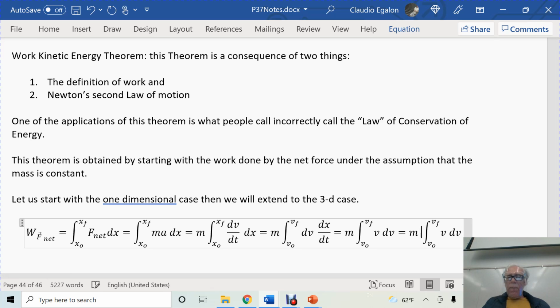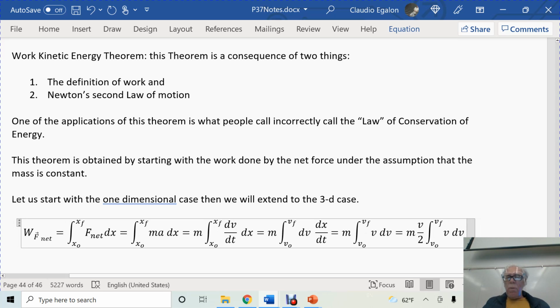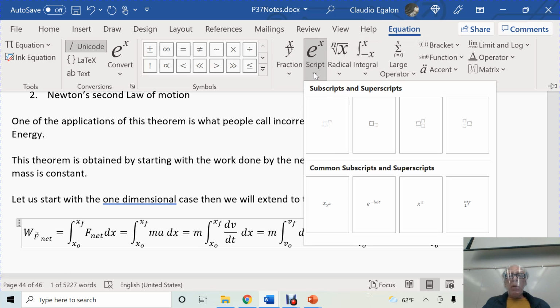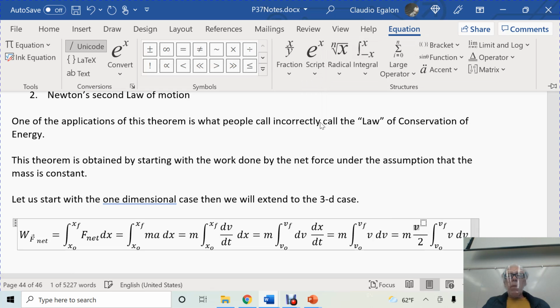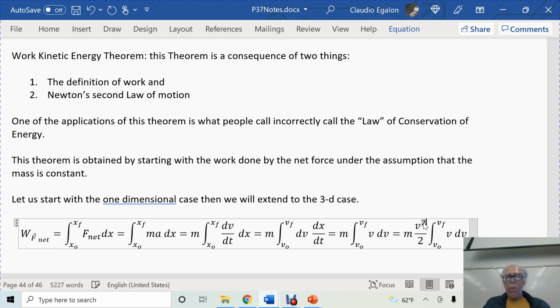It's going to be v squared divided by 2. I gotta put the v squared here. Yeah, that's fine. And I'm gonna put the limits of integration as well.